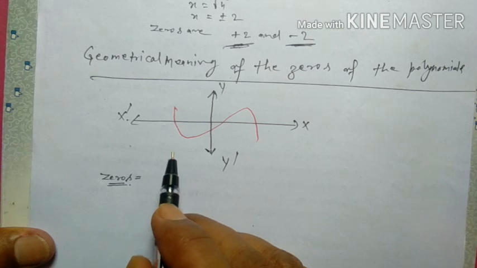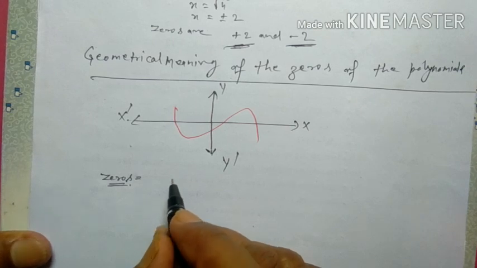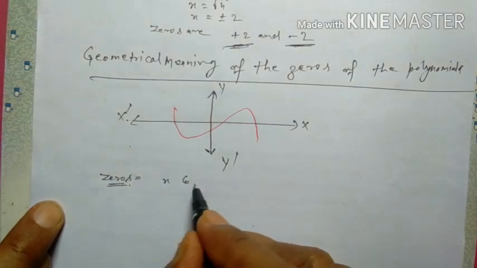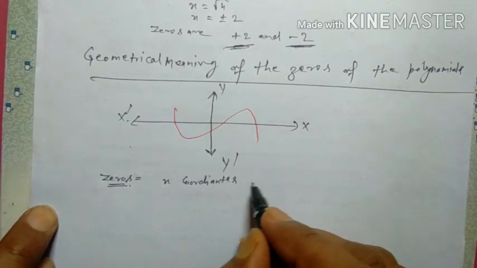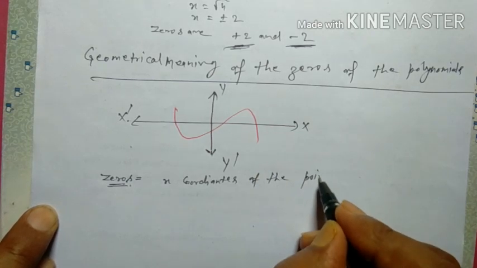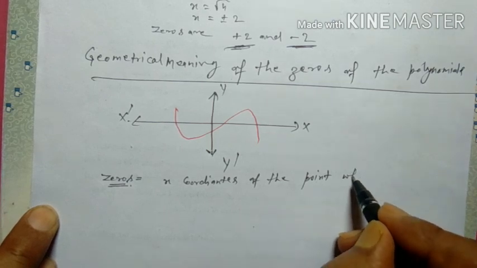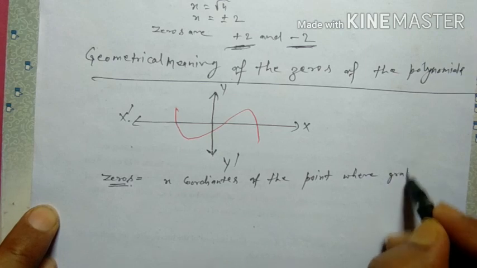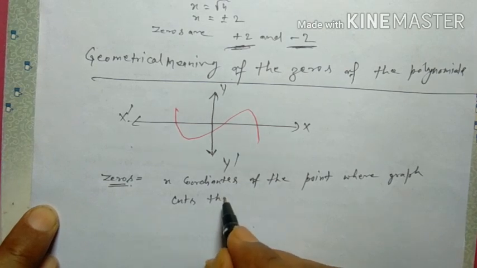Zeros of any polynomial are the x coordinates of the points where the graph of the polynomial cuts the x-axis.